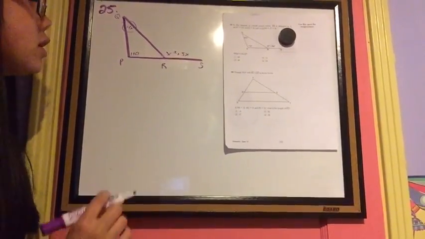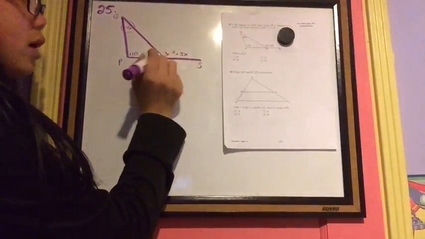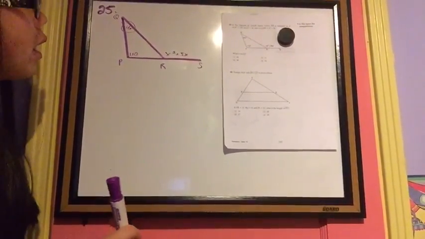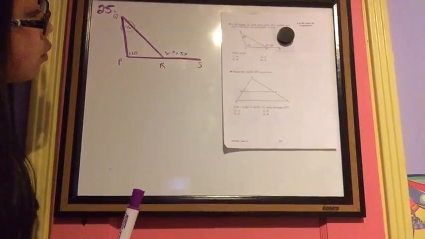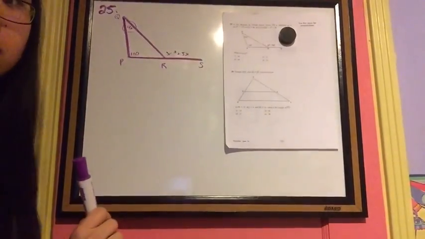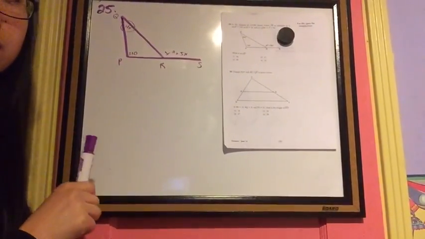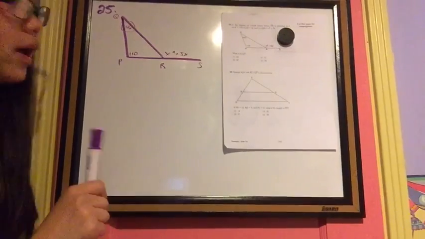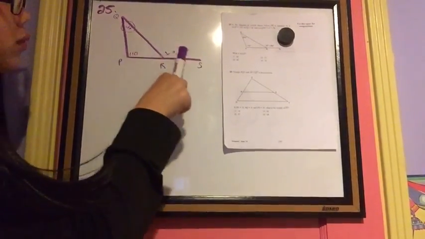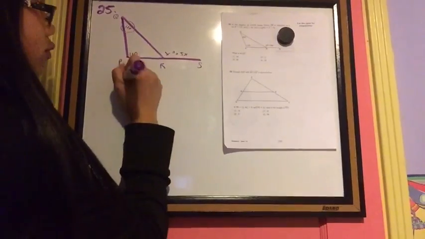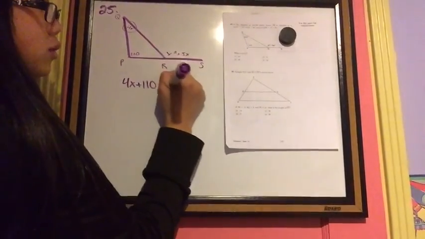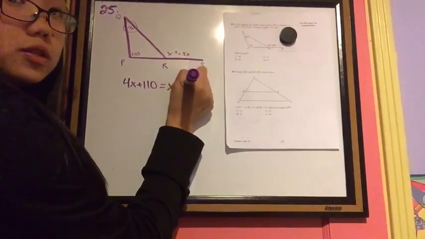We know this because these two add up to 180 because they are supplementary, and these 3 add up to 180 because all 3 angles of a triangle add up to 180. So that means these two are equal to this. So 4x plus 110 is equal to x squared plus 5x.